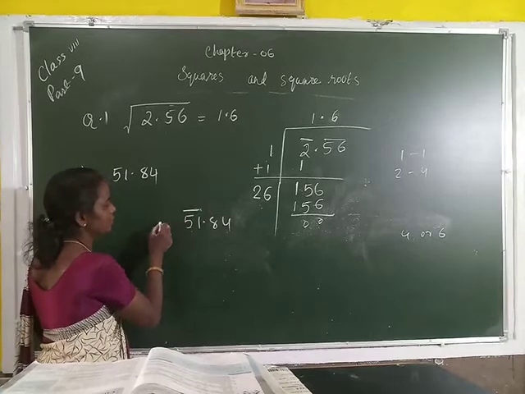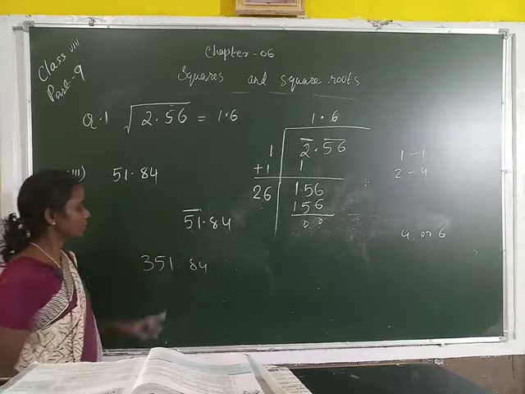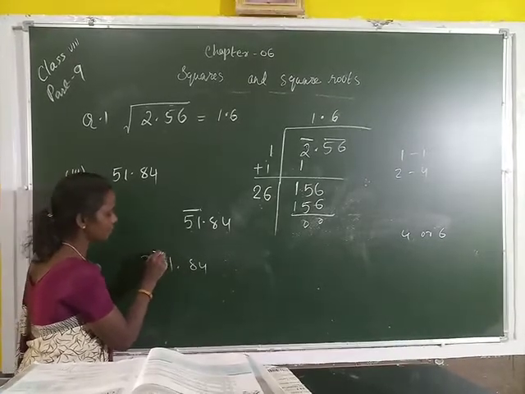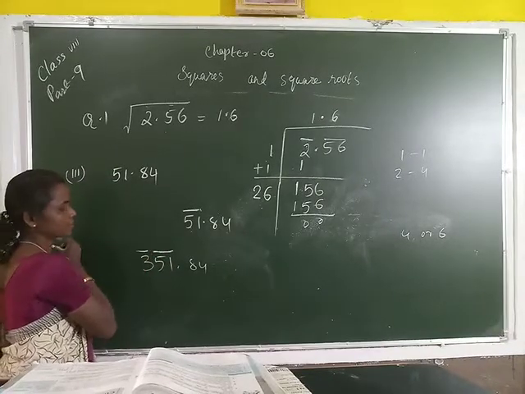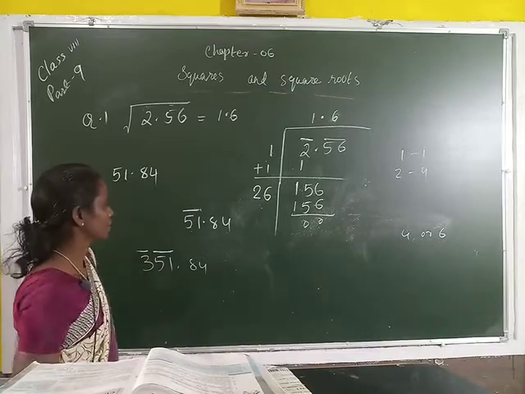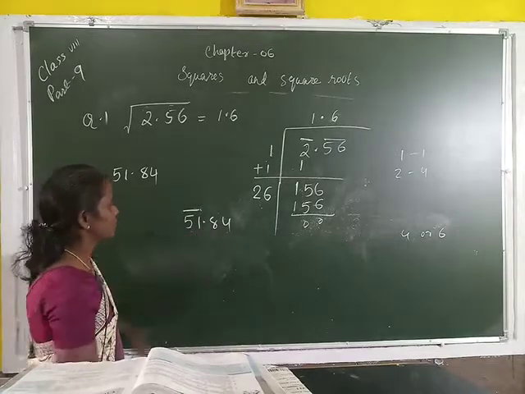Then listen here. Integral part, 2 digits will come. Likewise we start from the 1's place. So how many pairs? 1 pair. Here 51, so 2 digits.